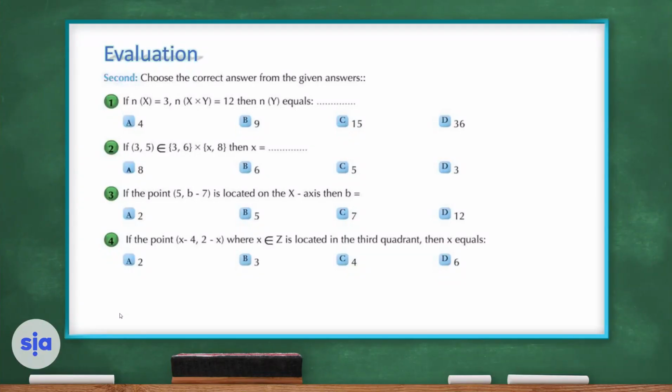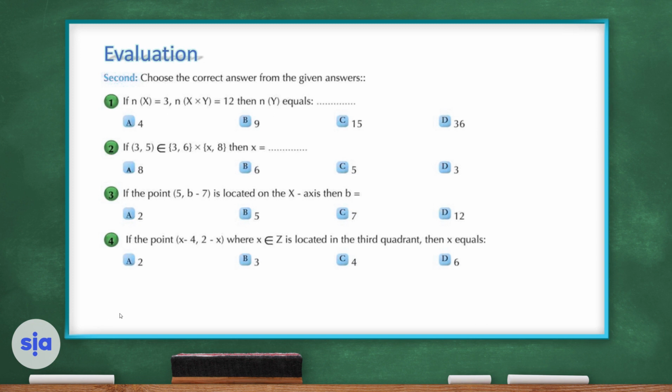Let's now go to the evaluation part. Please pause the video, try to answer it yourself, and then check your answers. Here, in the evaluation part, the question is asking us to choose the correct answer from the given answers. If n(X) means what?